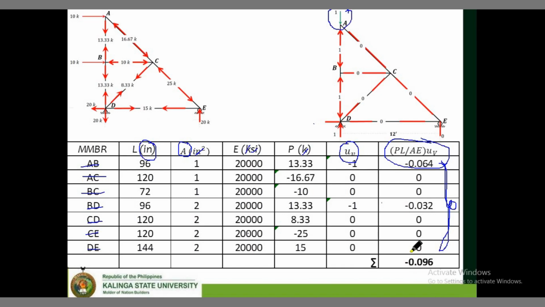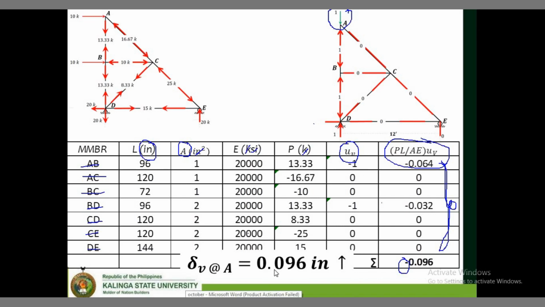Pero lumabas sa calculations ko, negative. Ibig sabihin, mali yung assumption ko. So, the final answer here, yung vertical deflection at joint A is equal to 0.096 and the direction would be upwards. Okay po? Yan yung ating vertical deflection at point A.